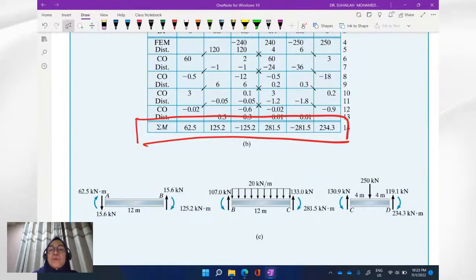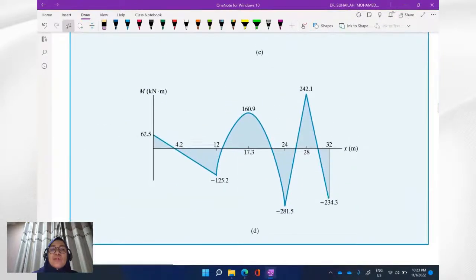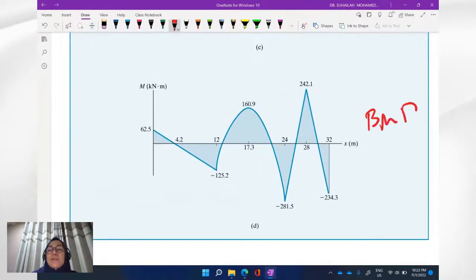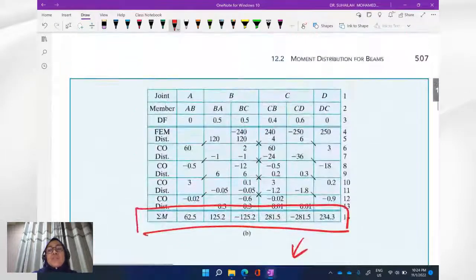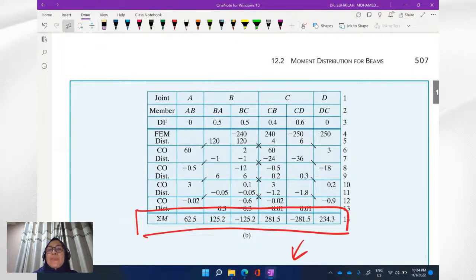All these moments we transfer into a diagram, and we draw the bending moment diagram. For the process inside the table, please use the video that I have put the link to in the Teams channel.